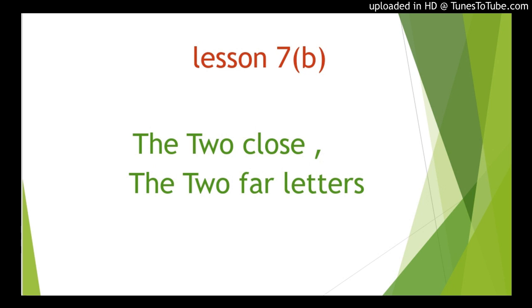So we're not saying al-shams, we say ash-shams. The lam is merged into the sheen, because the lam is close to the sheen in its articulation point. So the lam of the definite article is an example of the small close letters.